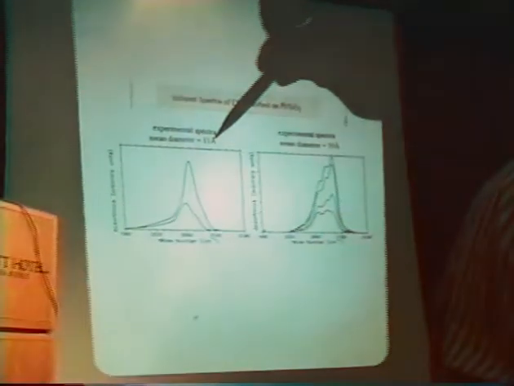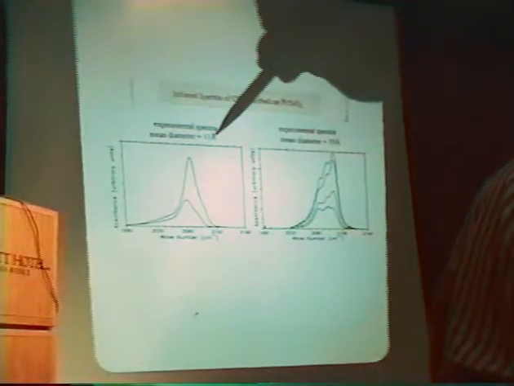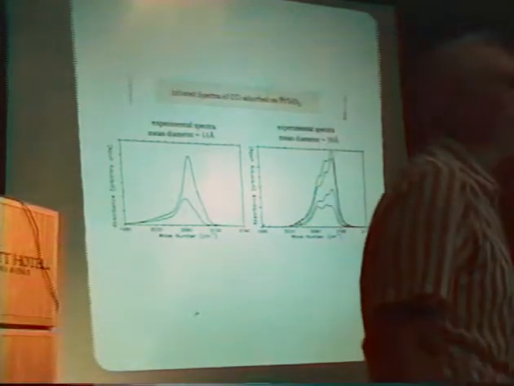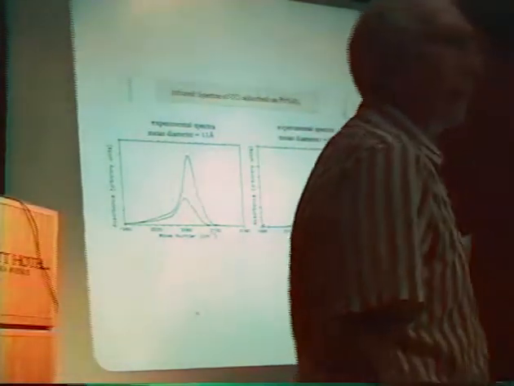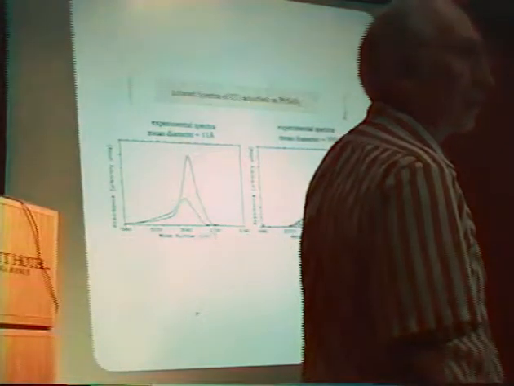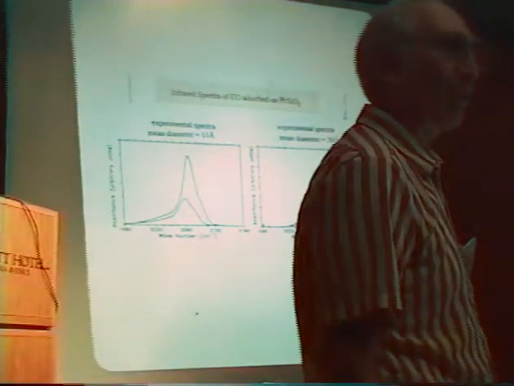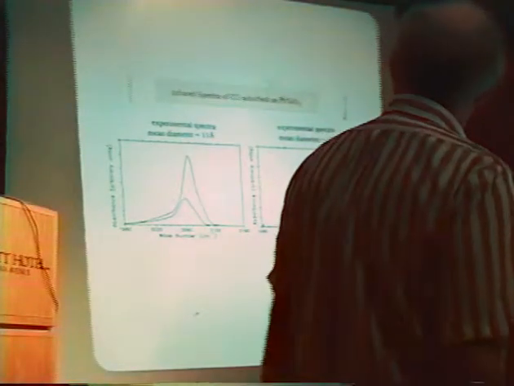There's a distribution, but the mean of one of these is 11 and the other is 39 angstroms. And when you adsorb CO on those two different samples, you get very different spectra. These are experimental spectra.